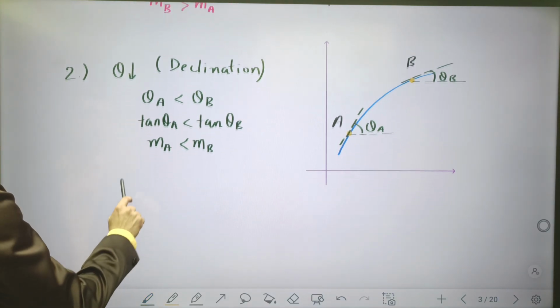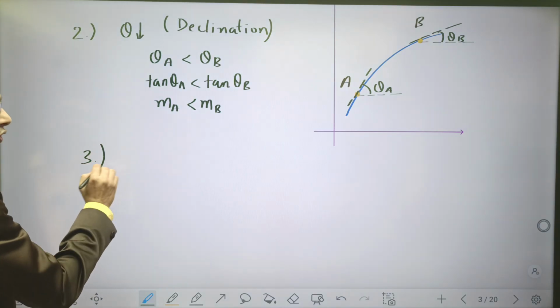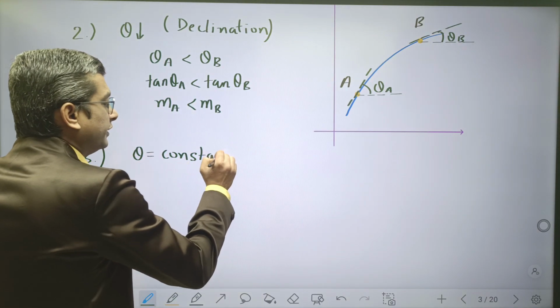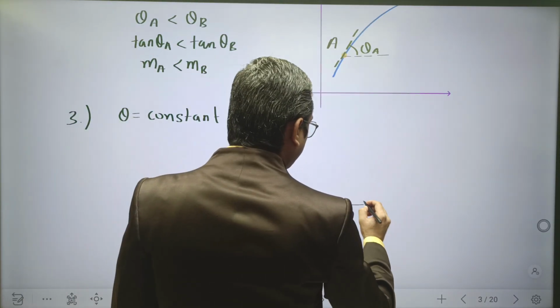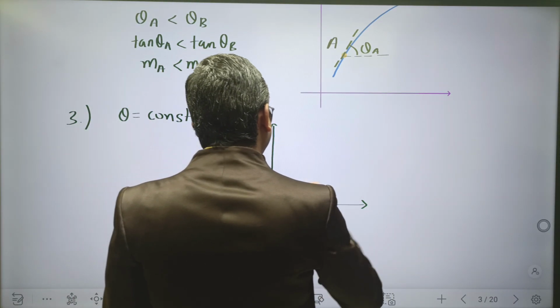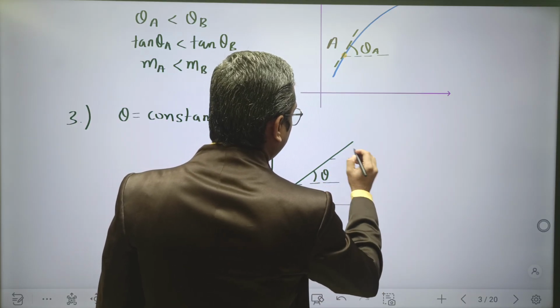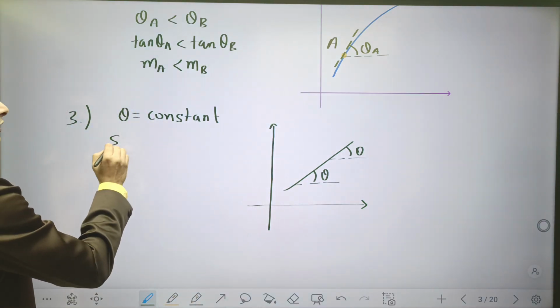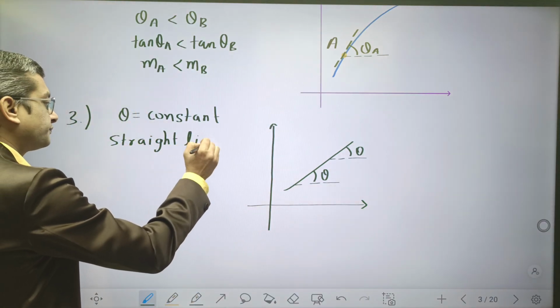Now the third is constant slope, that is theta is equal to a constant. When theta is constant, it means that the curve is a straight line, because anywhere you take theta, it will remain the same. So a straight line is an example of constant slope.